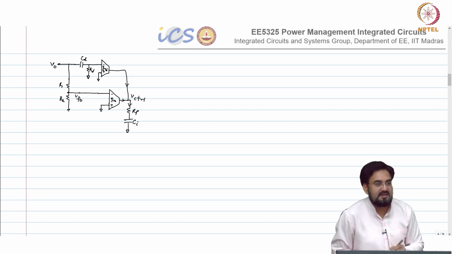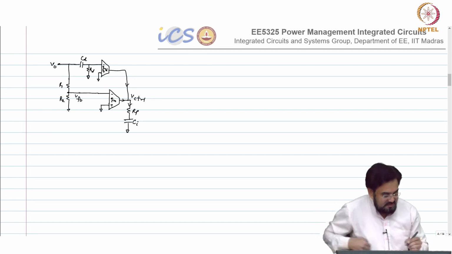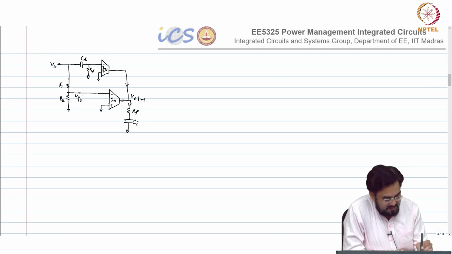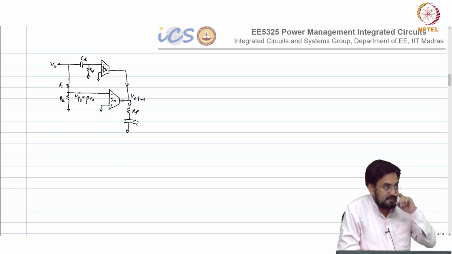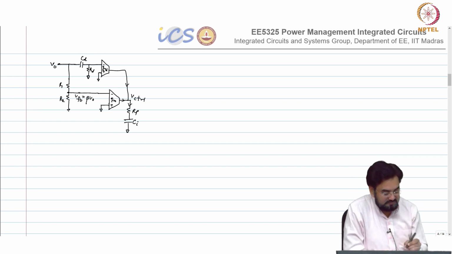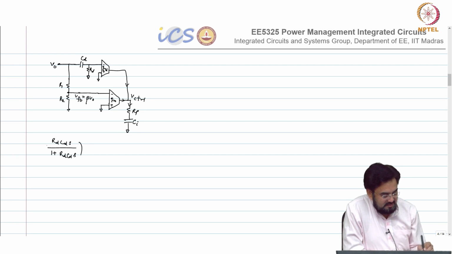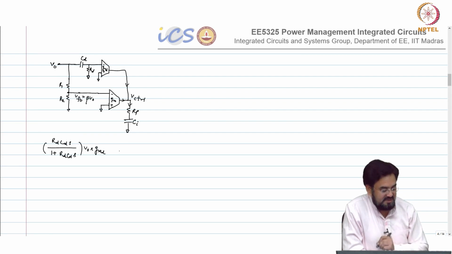I have to simply apply KCL here. So this is nothing but beta V naught. So how many currents do we have? 1, 2, 3 currents. RD CDS over 1 plus RD CDS gets multiplied by V out into GMD.